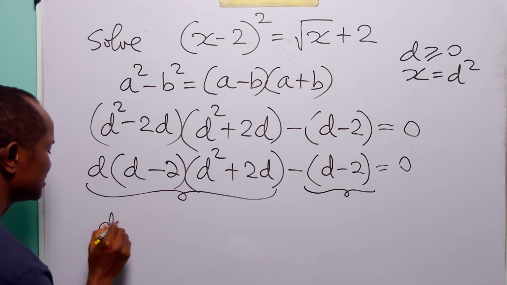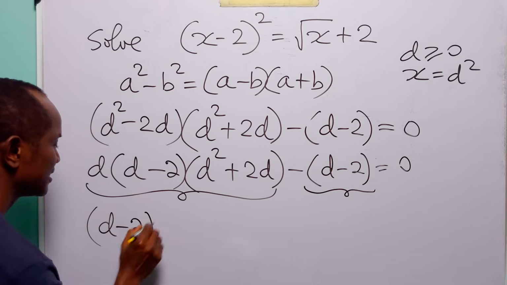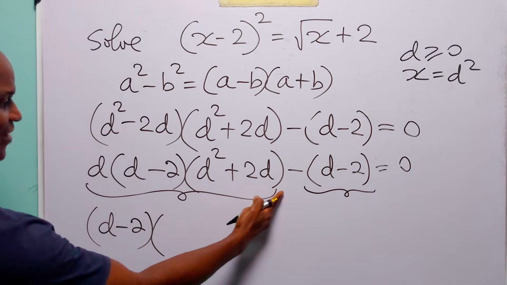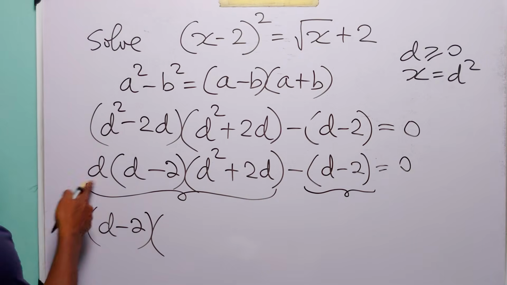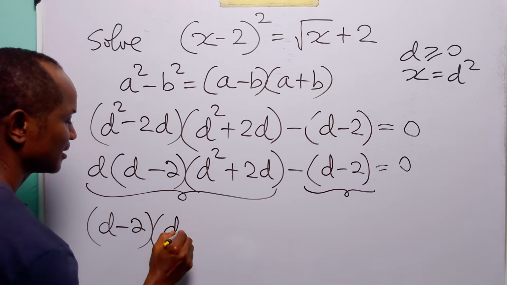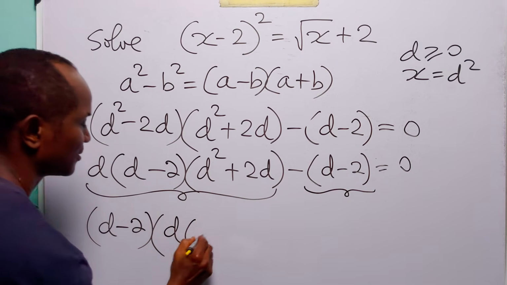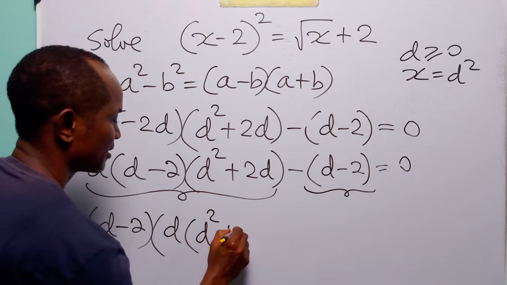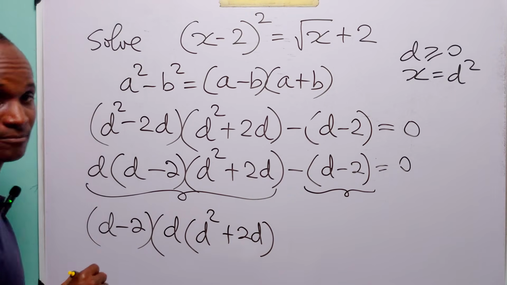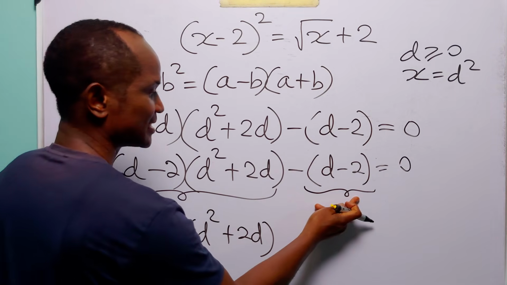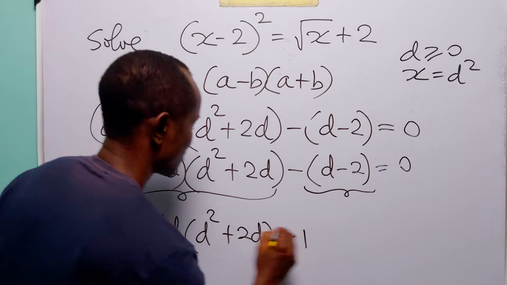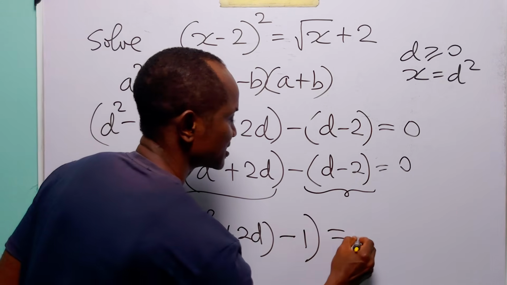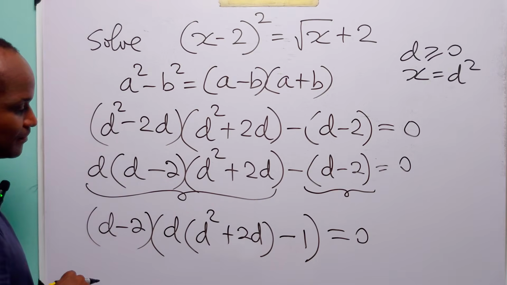So we have (d minus 2) into, now when you divide this by d minus 2, you're left with d, and when you divide d squared plus 2d by d minus 2, you're left with minus 1. And of course, this is still equal to 0.